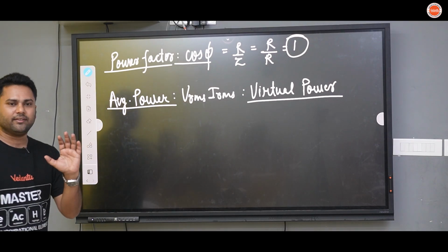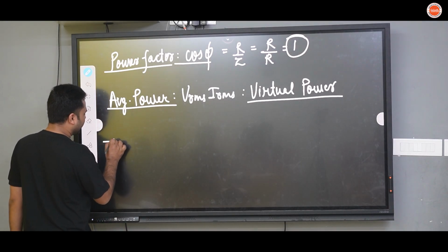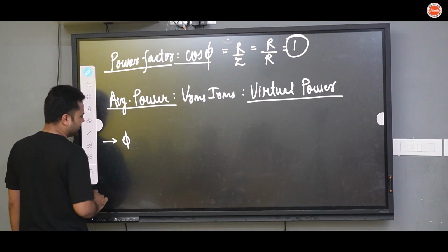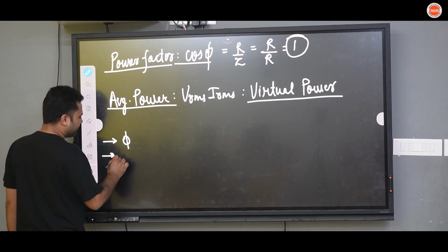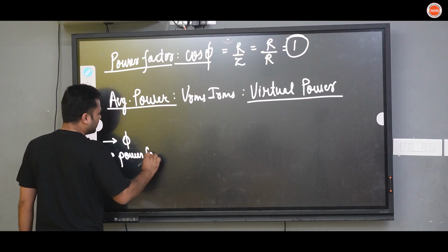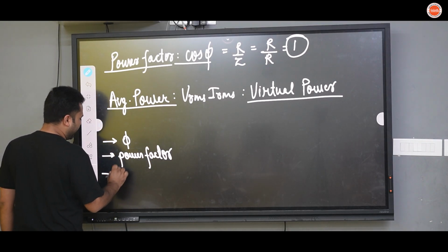We have 6 cases. In all the cases, some common things are there that they will ask. First thing they ask is the phase. Second, what is the power factor. Third, they will ask what is the average power.